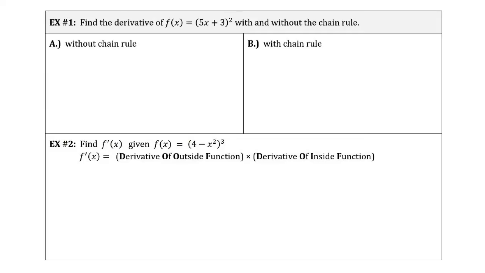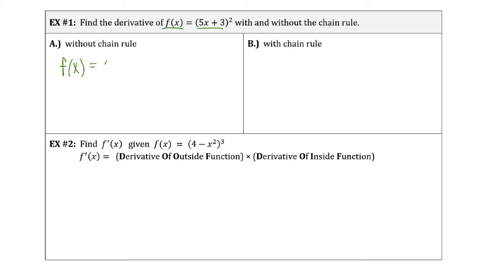So for example 1, they're showing us that there's two different ways we can do some of the problems, because they do overlap, some of them with chain rule and some of them without. So for A, if we do f of x without the chain rule, we would need to FOIL this out.